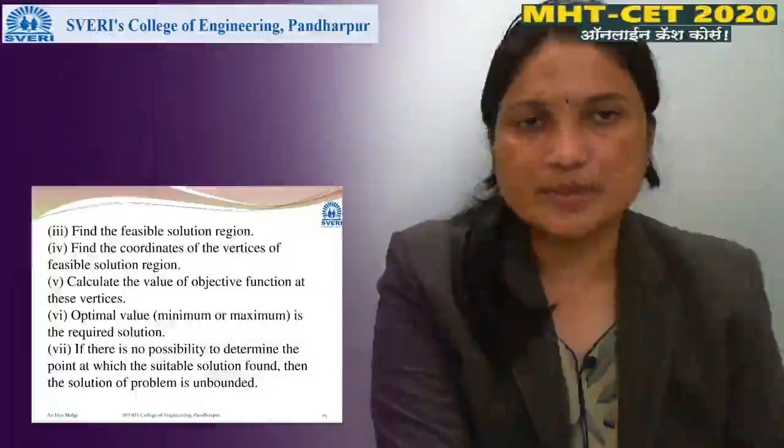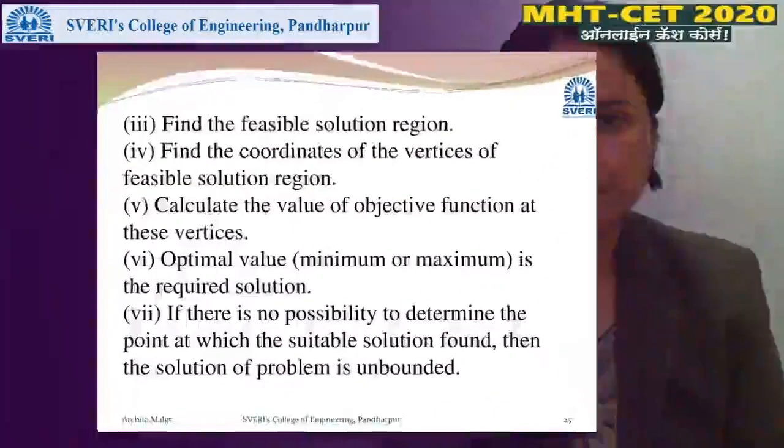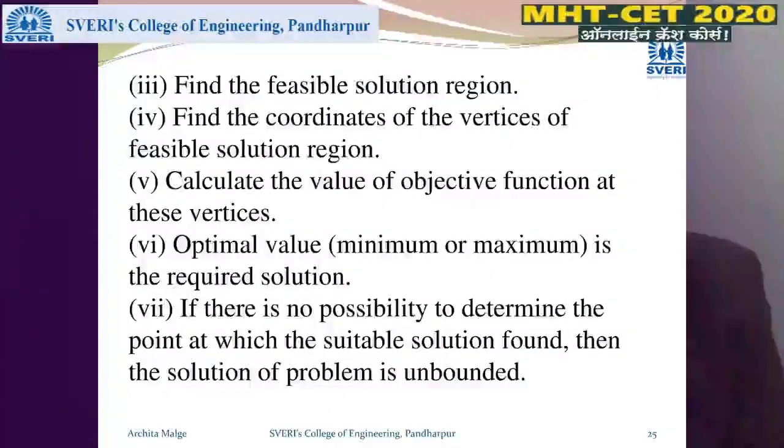Then find the feasible solution region. Find the coordinates of the vertices of the feasible solution region. Calculate the value of the objective function at these vertices. The optimal value, which may be minimum or maximum, is the required solution.